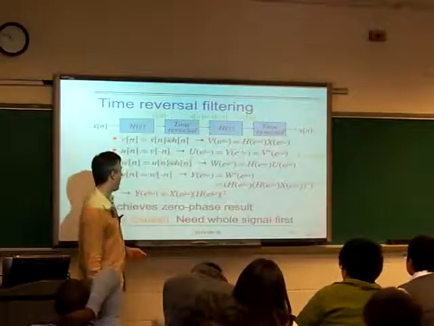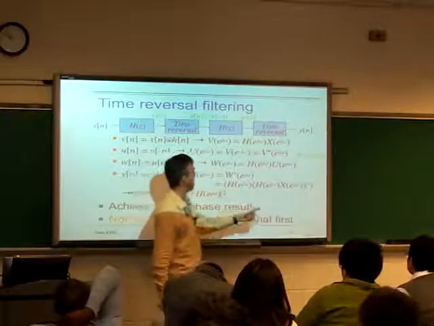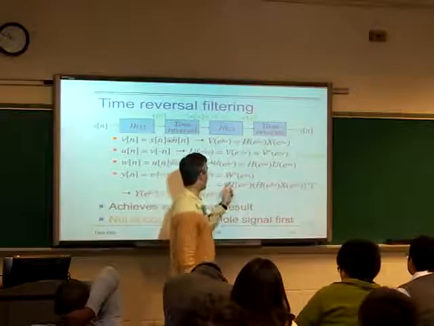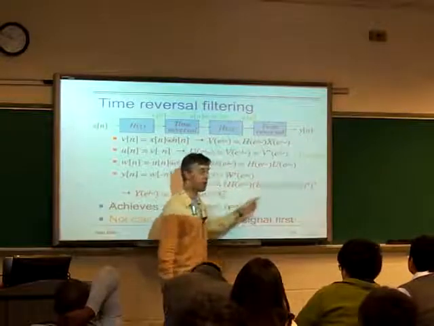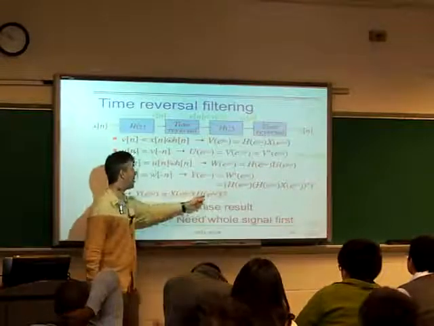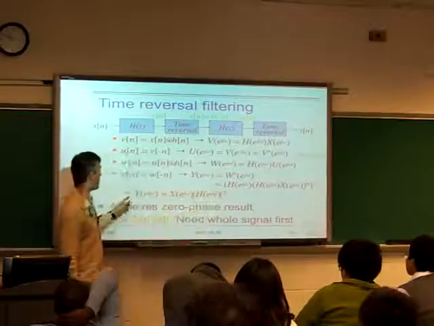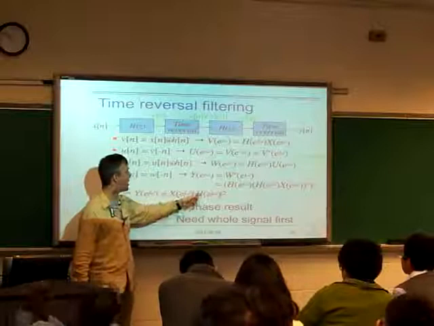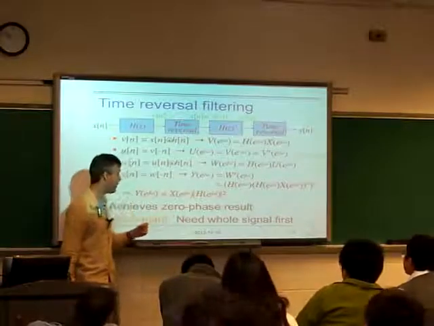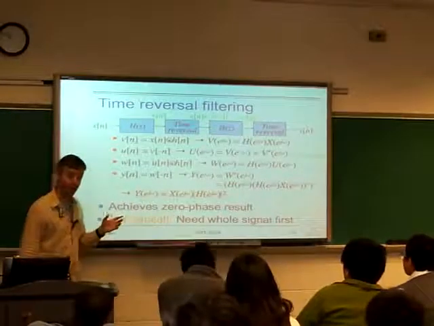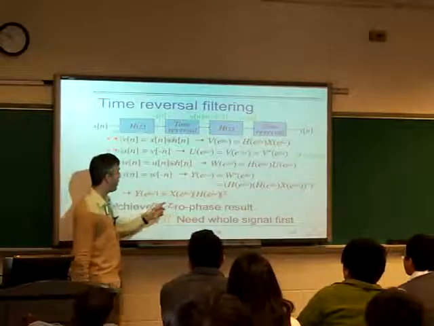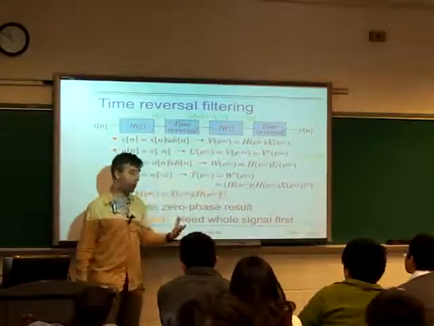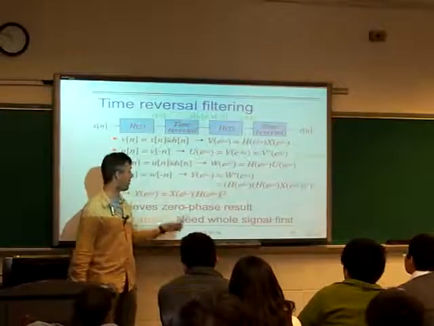And when we work that through, these conjugates cancel, so we get X of e to the j omega, but we get H of e to the j omega times H of e to the j omega conjugate, which is the magnitude of H of e to the j omega squared. So this is our overall response, that Y of e to the j omega is X of e to the j omega times the magnitude of H of e to the j omega squared, which is what we expected: the phase portion of H has been reduced to 0. This is a zero phase response.